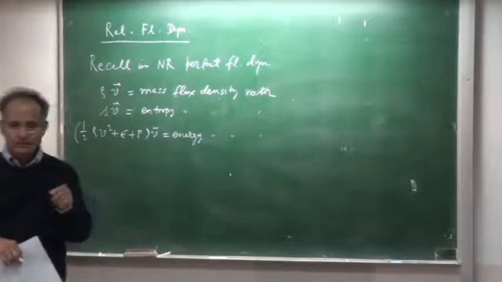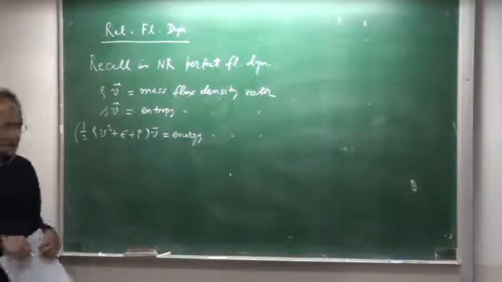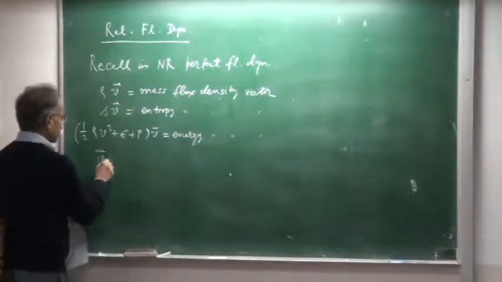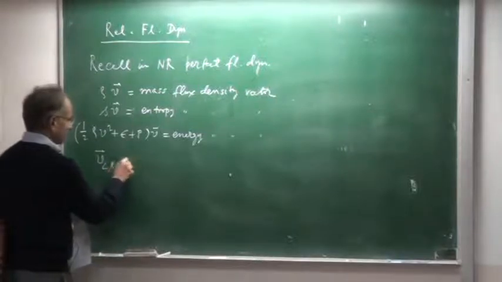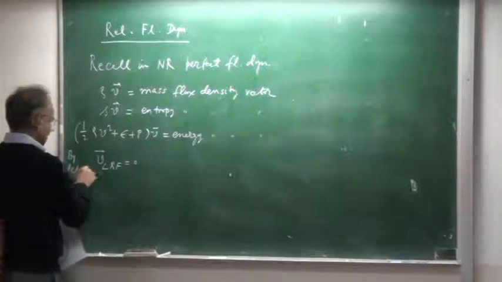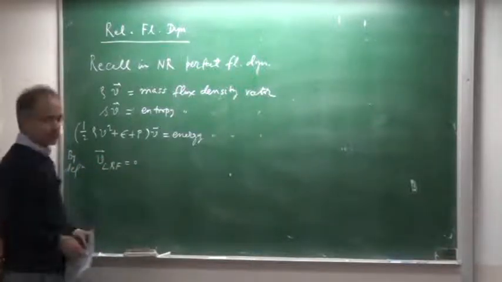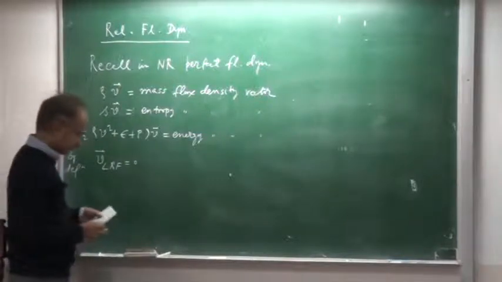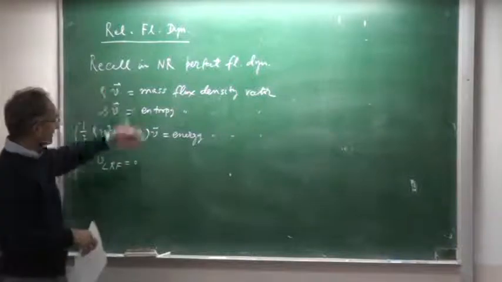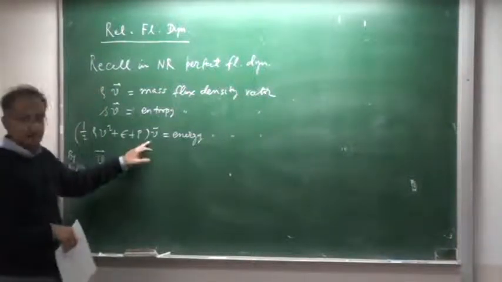So you go to a frame in which, at that point and at that time, the fluid is at rest. By definition, the velocity in the local rest frame is 0. And as a result, in the local rest frame, all three will vanish.